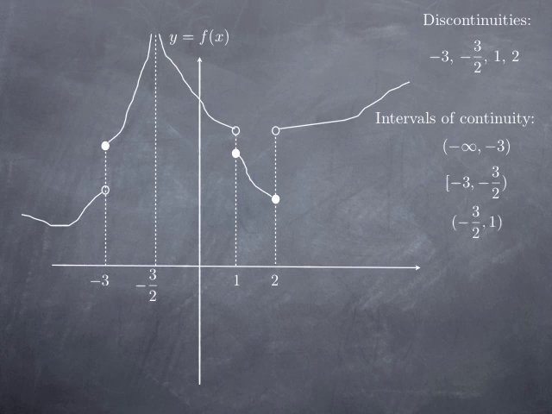The function is also continuous on the closed interval 1, 2, because on this interval the function is continuous at each point of the open interval 1, 2, and at 1 the value of the function coincides with the limit of the function at 1 from the right, and at 2 the value of the function coincides with the limit of the function at 2 from the left. And finally, the function is continuous on the open interval to infinity.